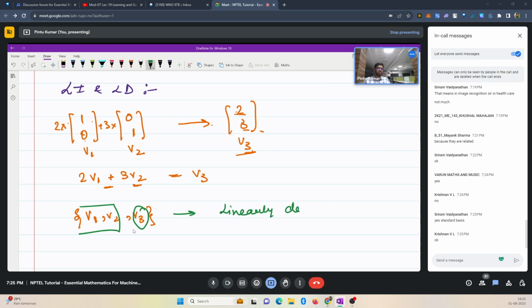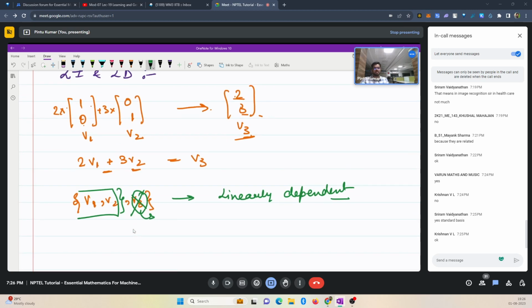What that means is that you don't actually require v3. If you take just v1 and v2 and take a linear combination, you will automatically obtain v3. So the intuitive idea is that a linearly dependent set will generally have an element which can be written as a linear combination of the others.